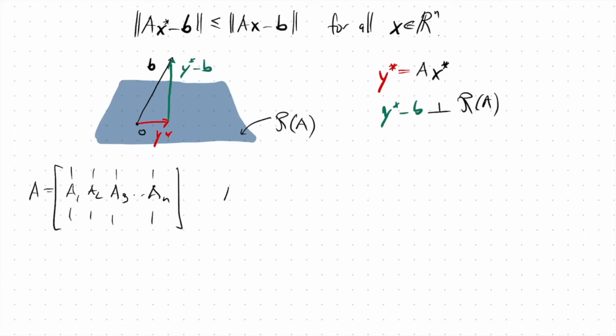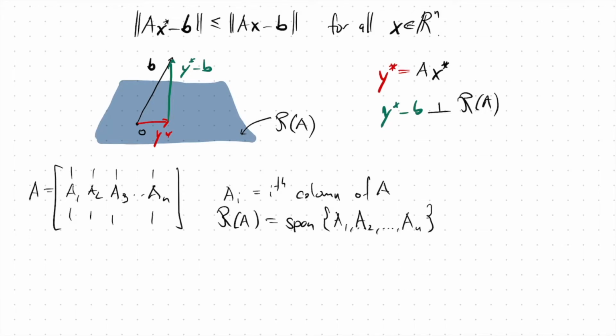Ai is the i-th column of A. By definition, the range of A equals the span of A1 to An.